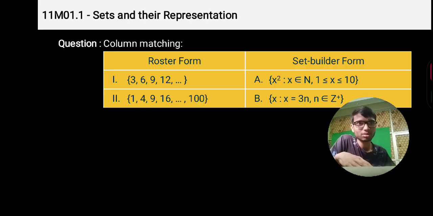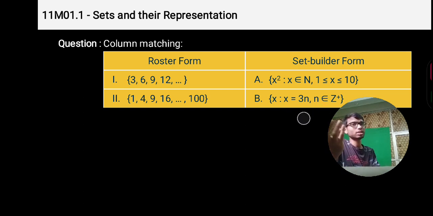First let's start with 1. 3 ones are 3, 3 twos are 6, 3 threes are 9, 3 fours are 12, 3 fives are 15. All these are roster form. It is complete.